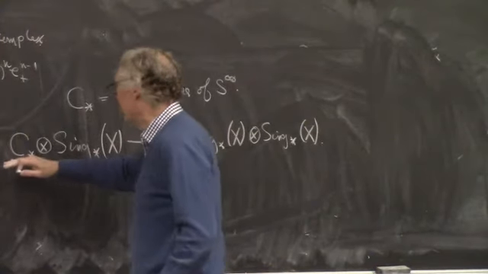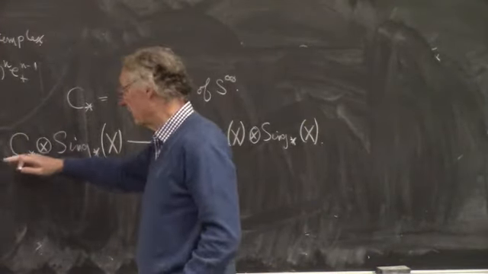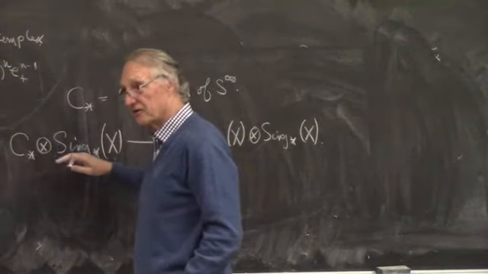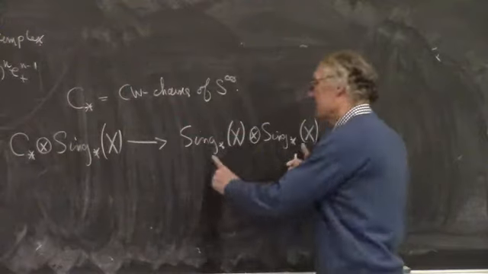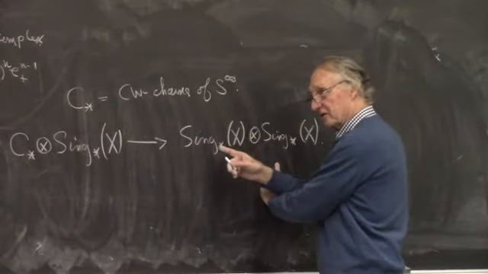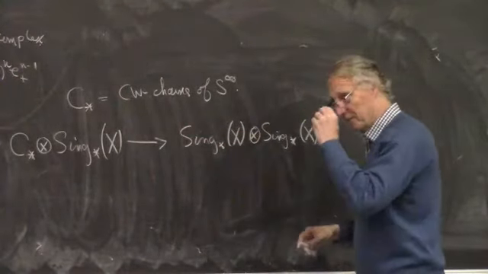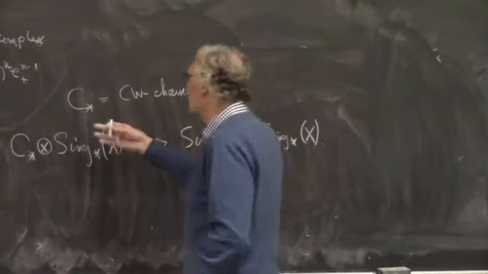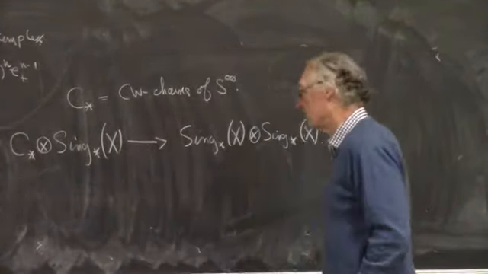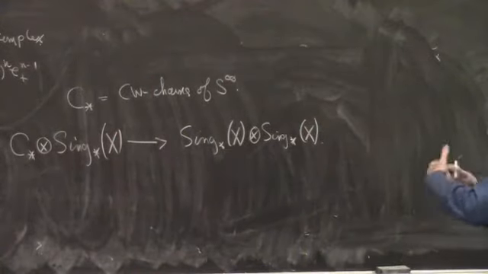Here, I take the module structure I've already talked about on the sphere, tensor the trivial action here. And here, Z2 acts by flipping the factors with a sign. So I have two chain complexes of modules over Z[Z2].